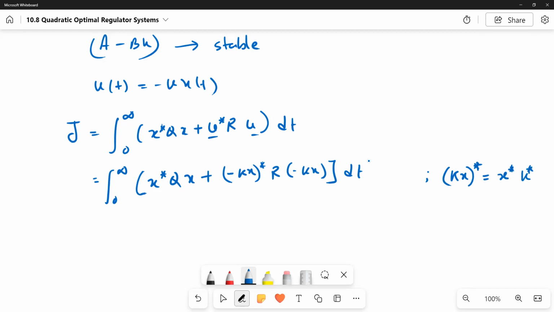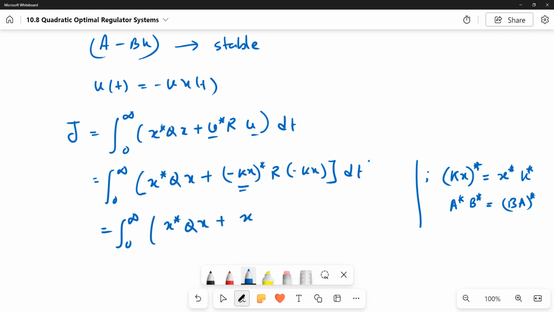Similarly, if it is A star, B star, and you combine them, B will come first, so the order is reversed. Just a quick note. Now we have to break this one, so we apply that. So the integral from 0 to infinity of x star Qx, minus and minus multiply to become plus, so plus x star K star RKx dt.